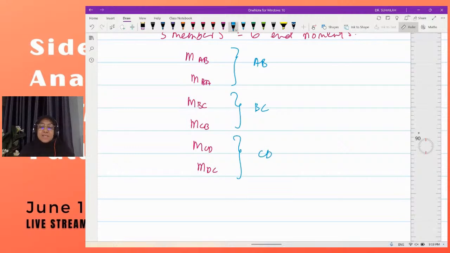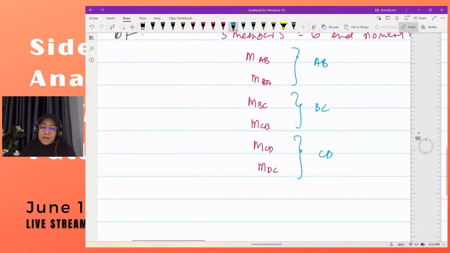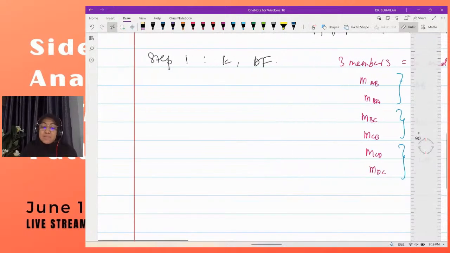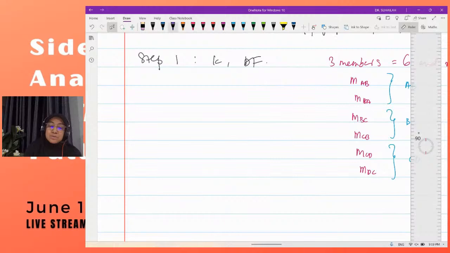So we have 6 end moments, which means we have 6 distribution factors as well. We will calculate the distribution factors. We have AB, BA, BC, CB, CD, DC.